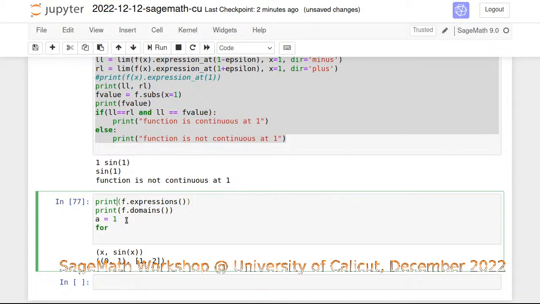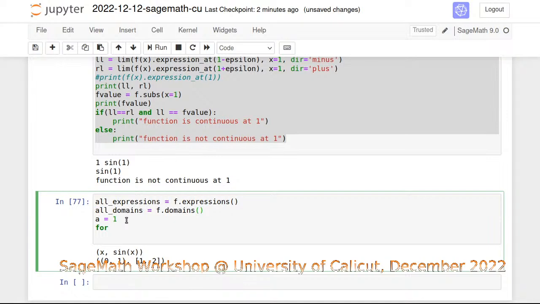Maybe all expressions, let me put it here. All domains, that's a variable.